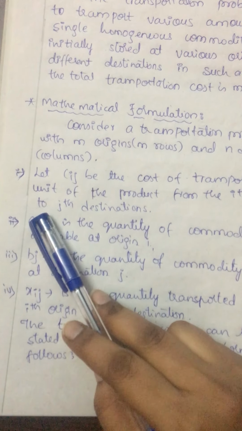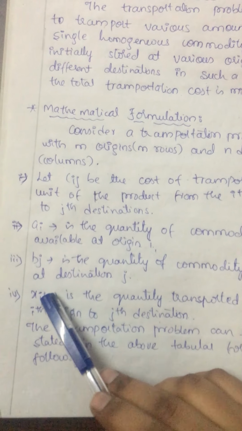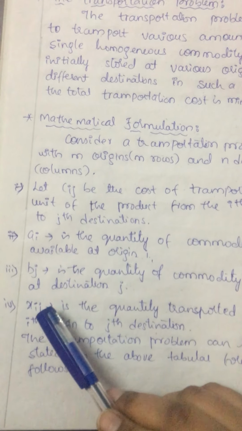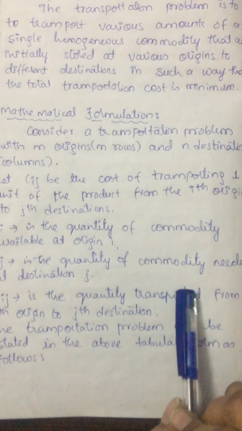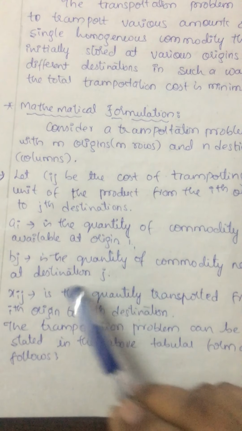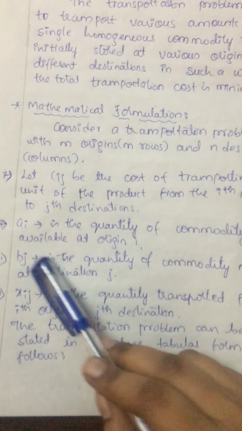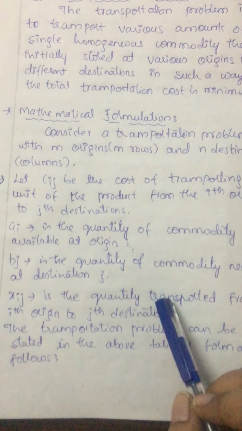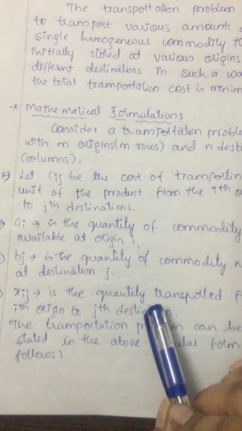Remember, i is the origin and j is the destination. The next variable is Xij, the quantity transported from the ith origin to the jth destination. It is the cell where you give the number that tells what you are going to transport from the ith origin to the jth destination.